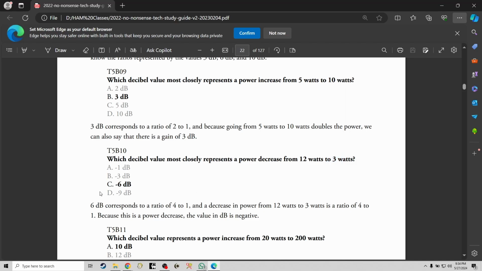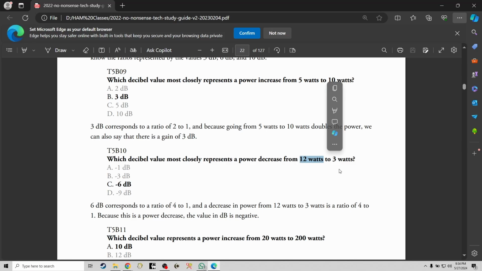That's a negative 6 decibel gain, or a 6 decibel loss. Whichever way you want to look at it, they're both saying the same thing. So you've got a 12 watt radio, but you're only putting out 3 watts. Half of 12 is 6, and half of 6 is 3.